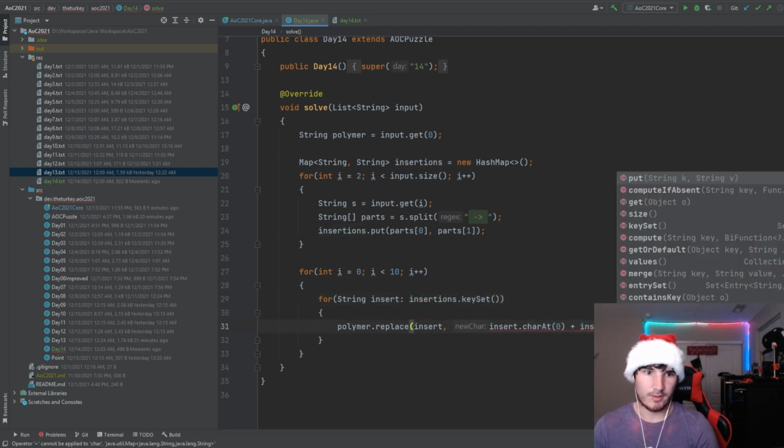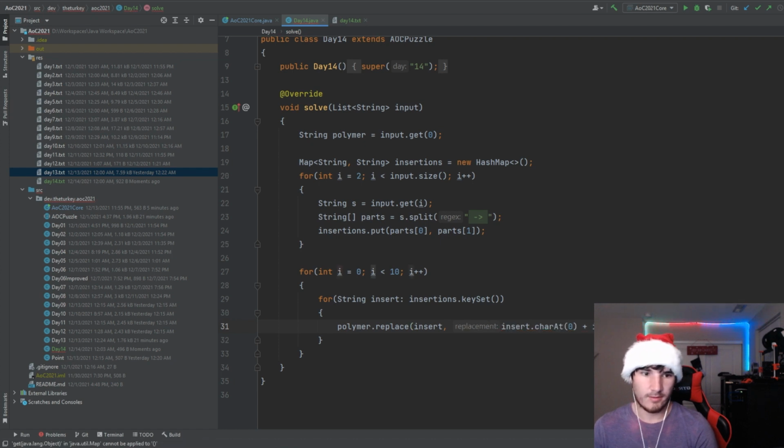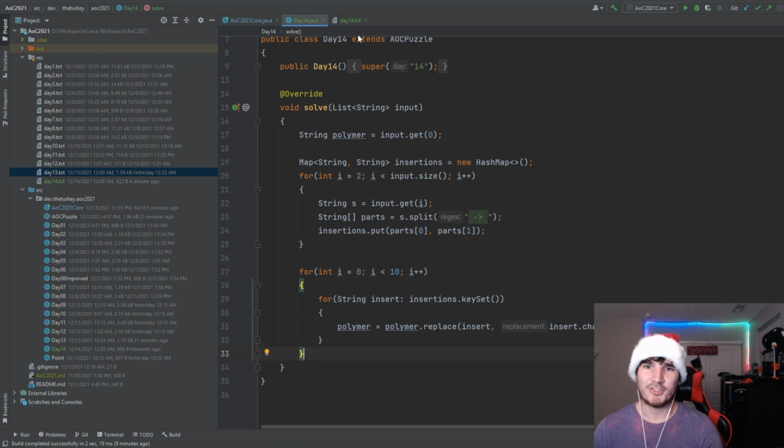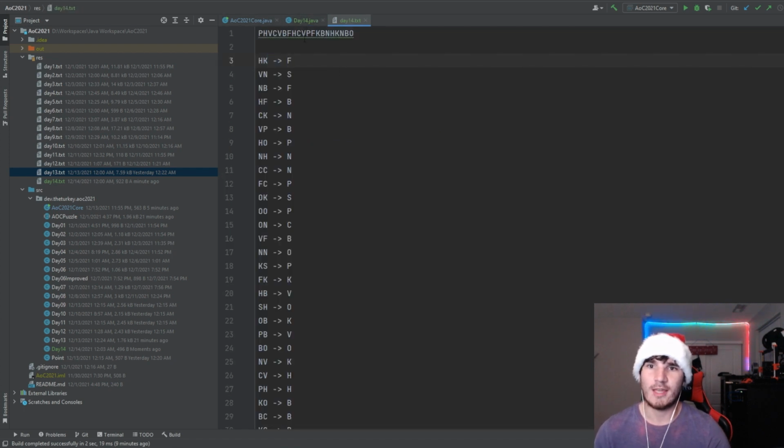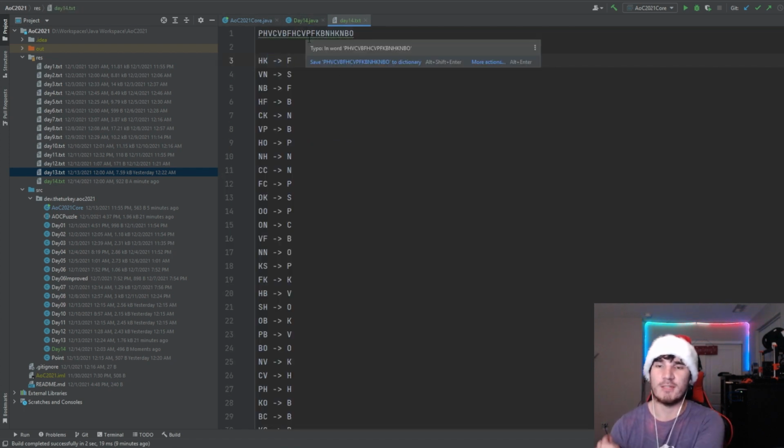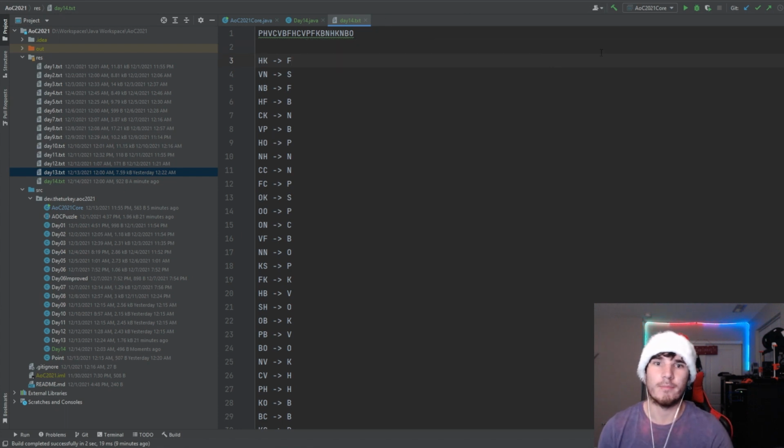Then we add on this plus this. It's not i, it's insert, by the way. So that'll go through and actually do the work of inserting. That should handle all these cases of adjusting, because it's going to go through and replace all of them.